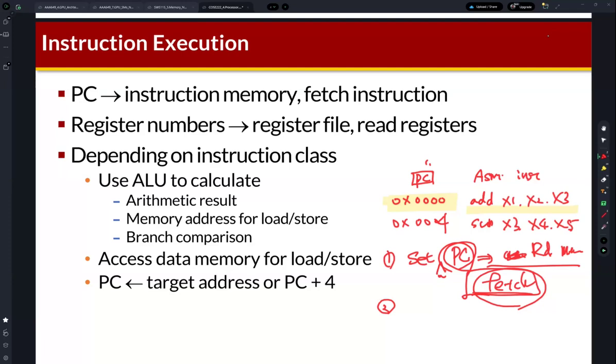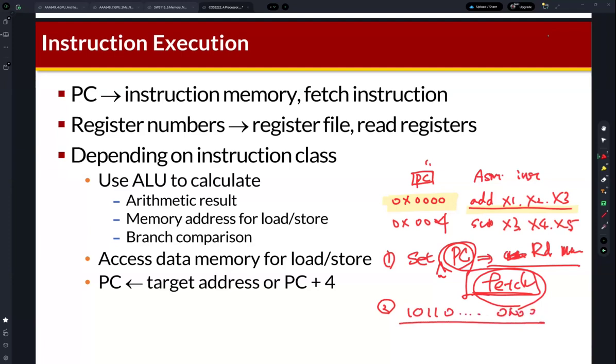So an instruction is binary data, right? Even though I used this assembly instruction, the instructions in memory are in binary data format. The 0x is a hexadecimal number, but it's a binary number, like 0 1 0 0 0 and so on.